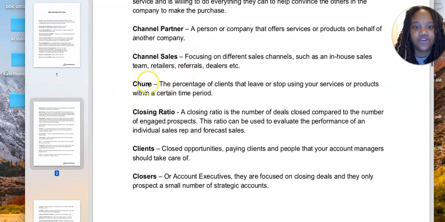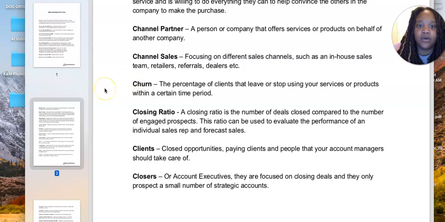All right, next we have churn. Churn is the percentage of clients that leave or stop using the product or service within a certain amount of time. So normally you can tell if you have a good product or service based off of your churn percentage. If your churn percentage is high, that may mean that there's something wrong with your product or service that is making clients want to go to your competition. So that could be customer support. That could be just your product or service sucks.